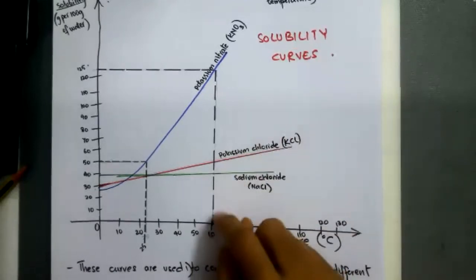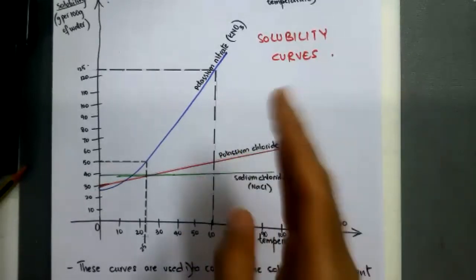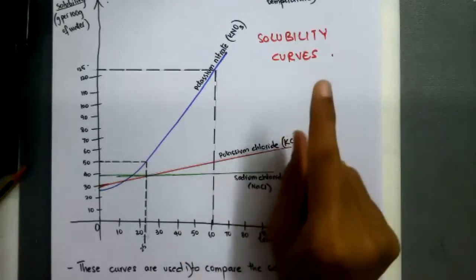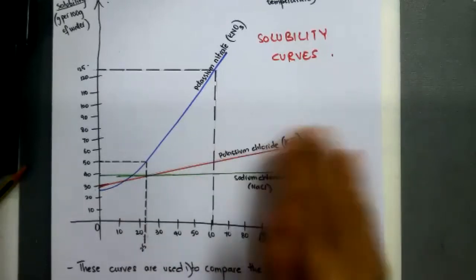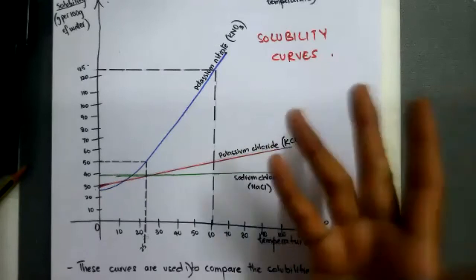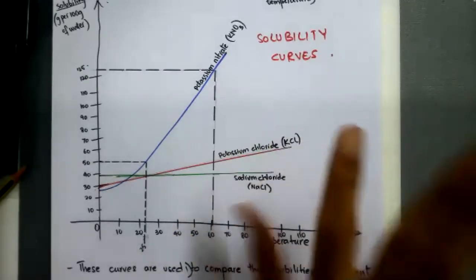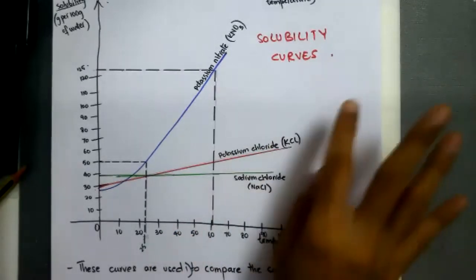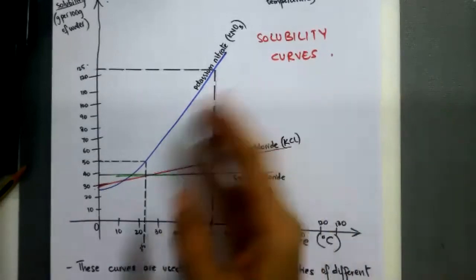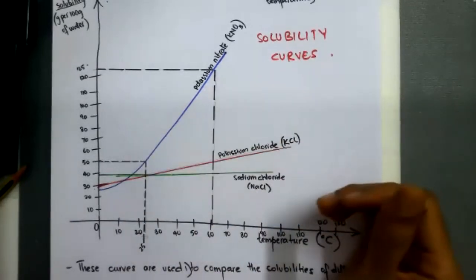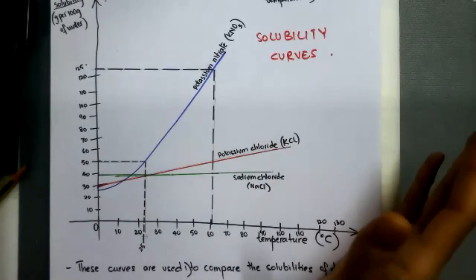So we know that the temperature is constant and we keep adding the solute till you see the solute either depositing at the bottom or floating depending upon its density. That's when you know that no more salt can dissolve, because all the intermolecular space between the water molecules has been occupied.